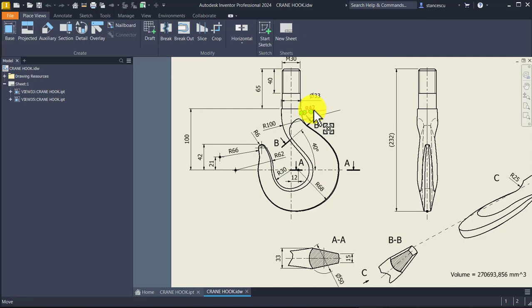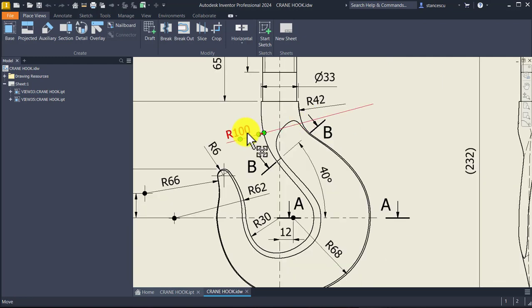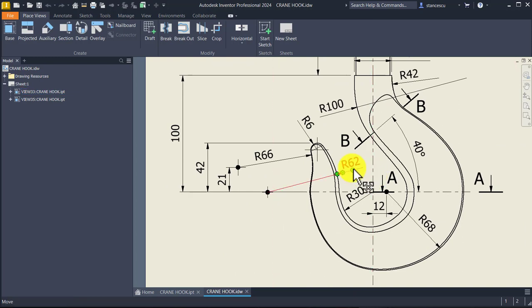Radius 42 here, 100 on the other side, and radius 62, radius 66, this dimension, radius 6. We apply all these dimensions right now.